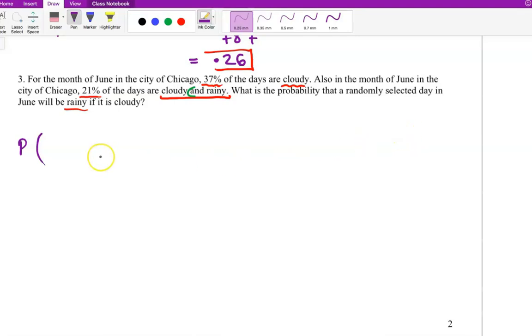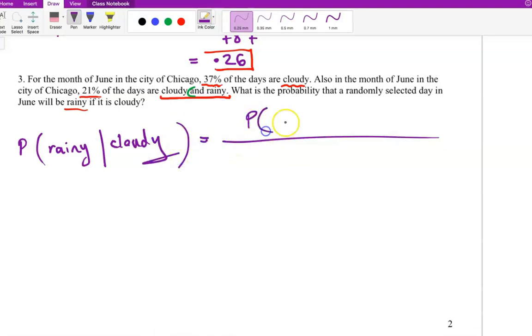Okay, so find this probability when it's rain. The probability of rainy when it's cloudy, divided by cloudy.